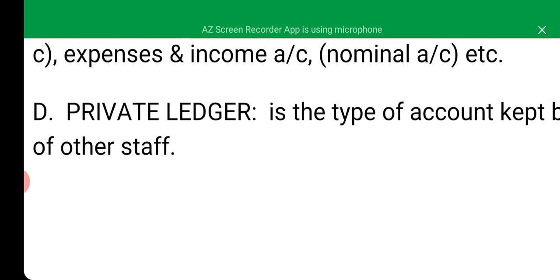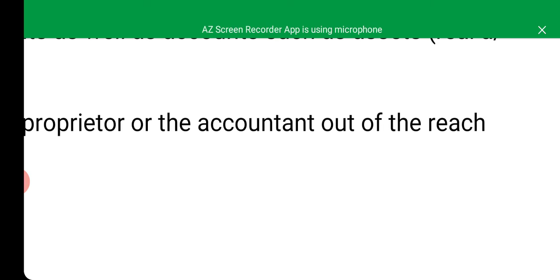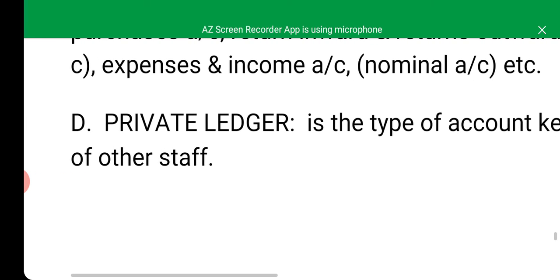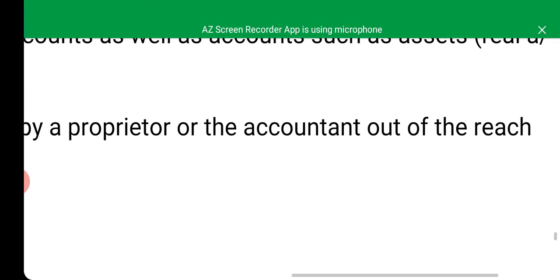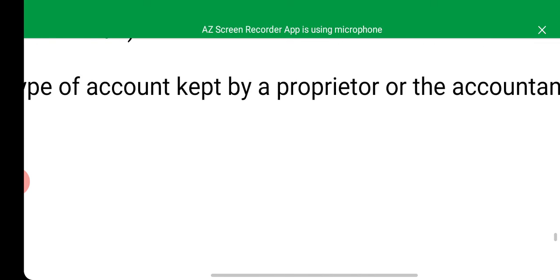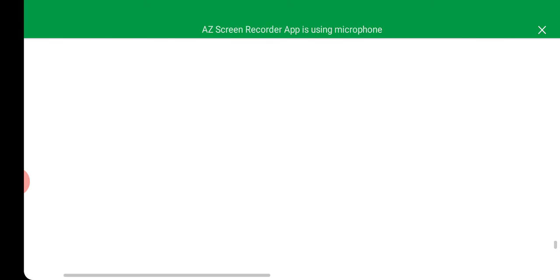Then the private ledger, being the last one, is the type of account kept by a proprietor or the accountant out of the reach of other staff. So far so good.